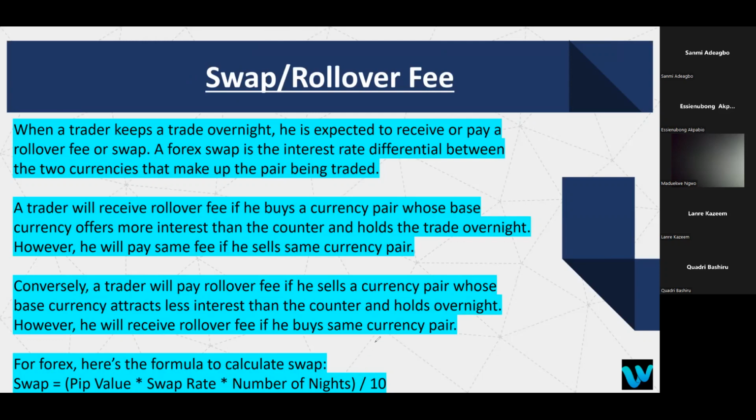Like I said, you don't really need to bother yourself about it. We'd bother about it if it were a big number, but it's a really, really very small number. But that's what you see being deducted or added to you, depending on the interest rate differential of the countries of the currencies you are trading. So it's just for you to know that that is swap or rollover.